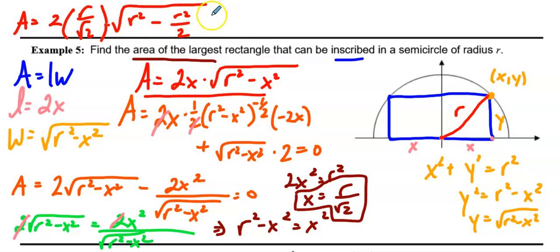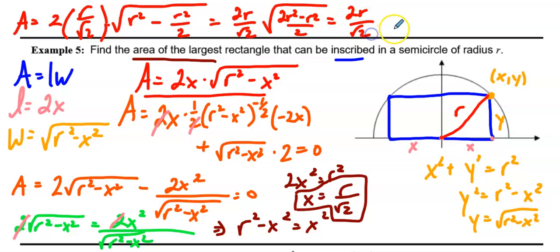And so let's simplify this the best way we can. So we have a 2r over the square root of 2, and then this is going to end up being the square root of 2r squared minus r squared all over 2. Then we can simplify this a little bit more. The square root of this is just going to be r squared on the top, and the square root of 2 on the bottom.